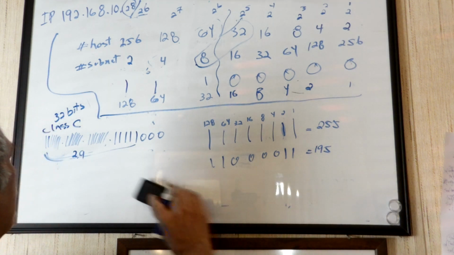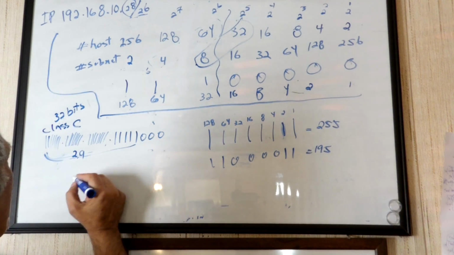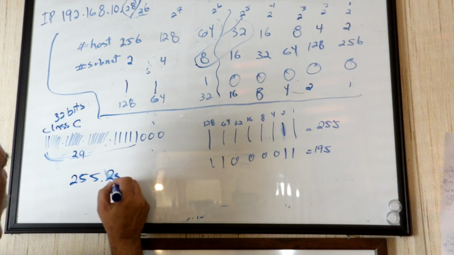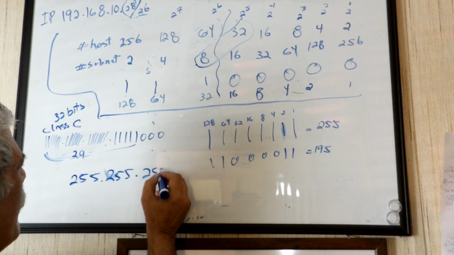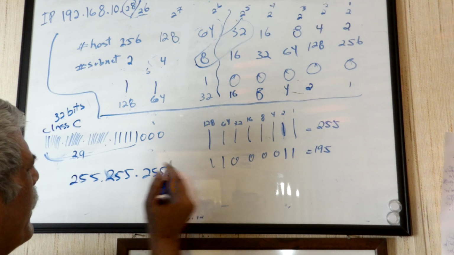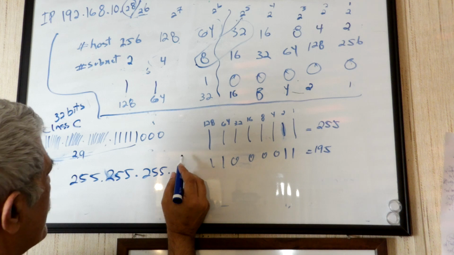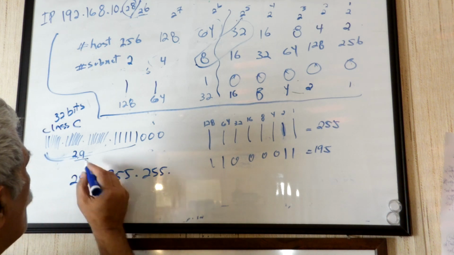We say 255, 255, 255. Then, for example, what does /29 mean?